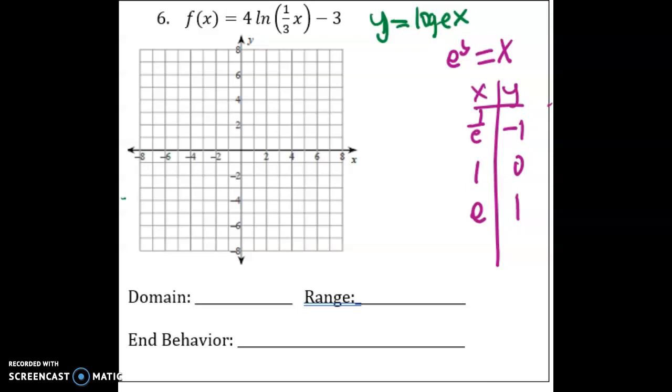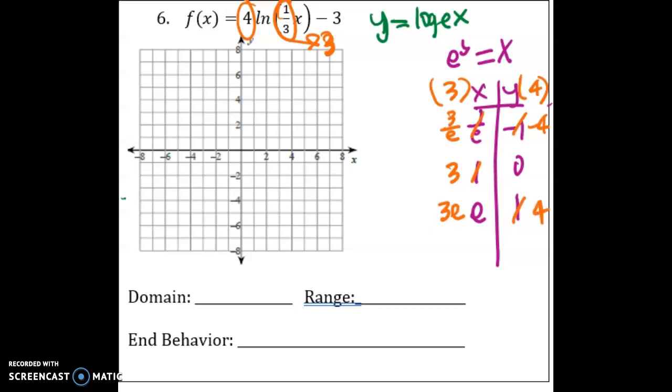And let's examine our stretches first. So we are stretching all of the x's. Remember, we always do the reciprocal of this. So all of the x's are getting multiplied by 3, and all of the y's are getting multiplied by 4. So this is 3/e, this is 3, and this is 3 times e. This is -4, and still 0, and +4.